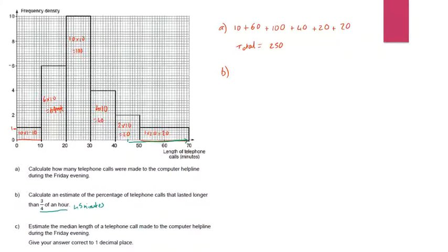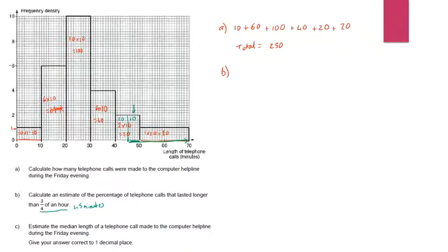That means I only want half of the people in this bar. From 45 to 50 is only half of what's in this group. If it's 20 for the whole bar, it would be 10 in the first 40 to 45 minutes and 10 for 45 to 50.